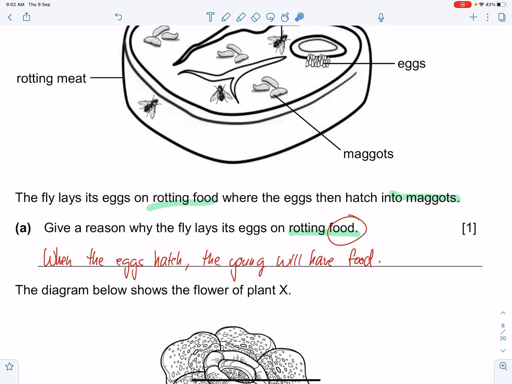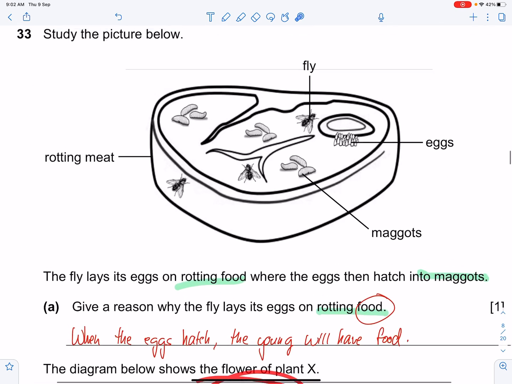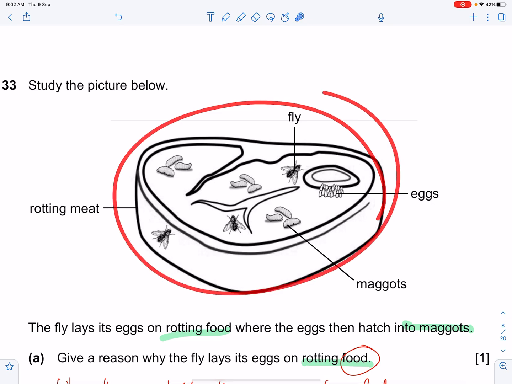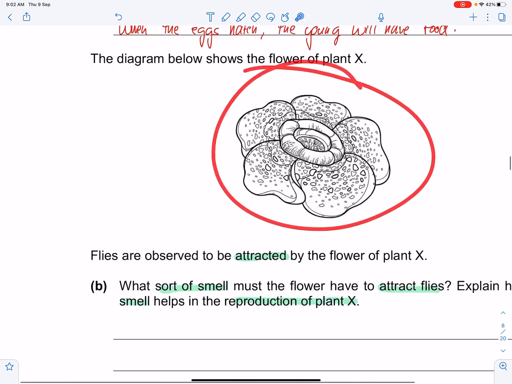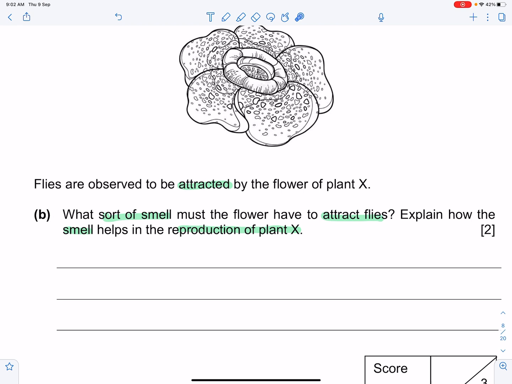Because it's laying its eggs on rotting food, and that is what attracts it, don't you think it's only logical that the flower must have a similar smell to rotting meat? Yes, right. So even if you don't know that this is the Rafflesia and it's got a very strong, pungent, decaying smell, you should actually know that it needs to be a rotting smell and not a sweet smelling smell, like what you're saying. Okay, totally off tangent.